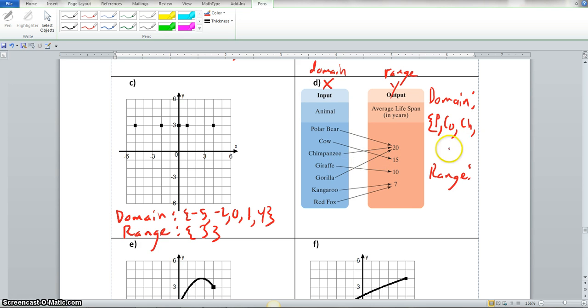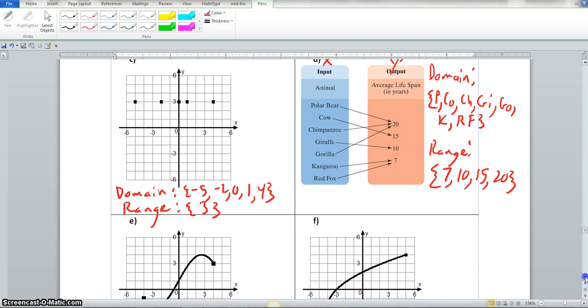We got the giraffe and gorilla, GI for the giraffe. Gorilla would be GO. Kangaroo, we could just put K, and red fox would be RF. Now, of course, if you want to write out all of the names, feel free to do so. Okay, now, for the output, we'll put these numbers in order. We have 7, 10, 15, and 20.